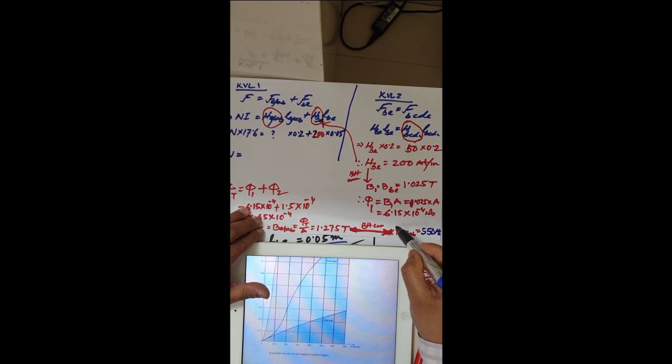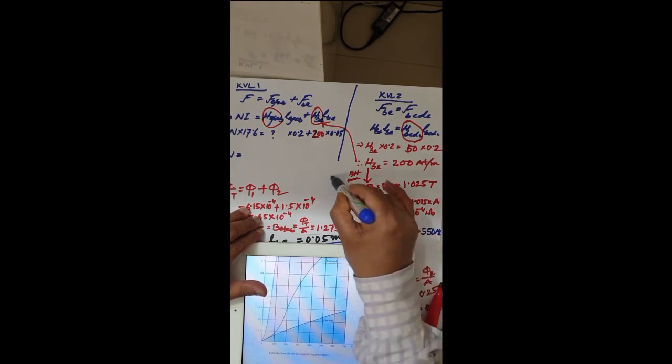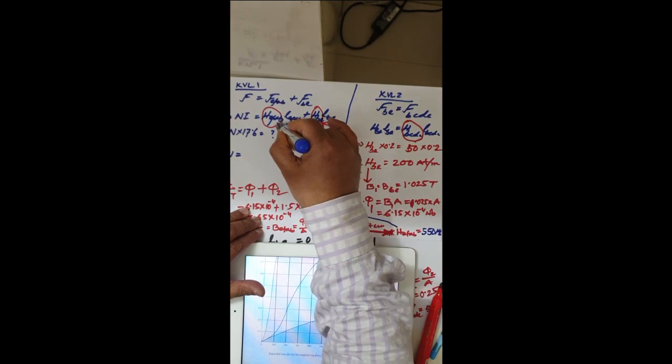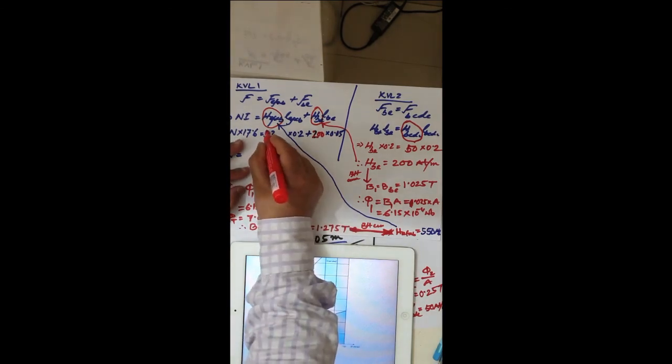Now look at it: this is our target HFE to substitute over here, and we are getting 550.